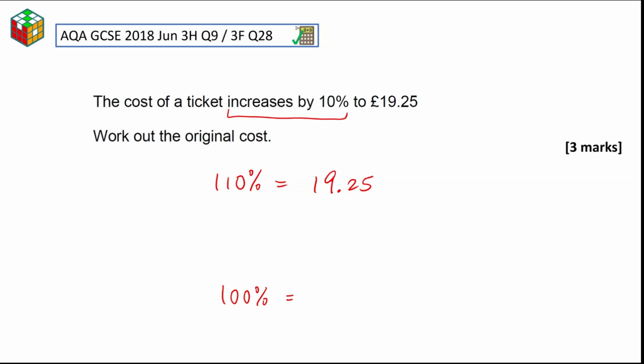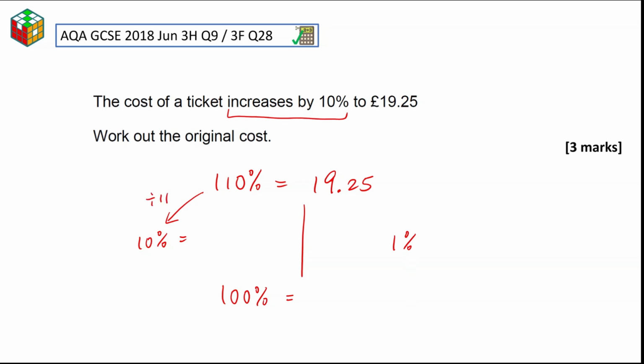110 does not go into 100%. Some people like to find out 10%. Some people like to find out 1%. It works the same. I'll work both for you to have a look. If I work out 10%, to make 110 into 10, I'll divide it by 11.